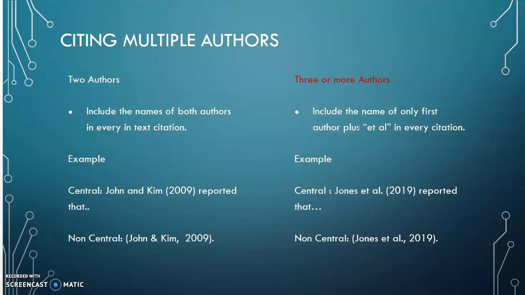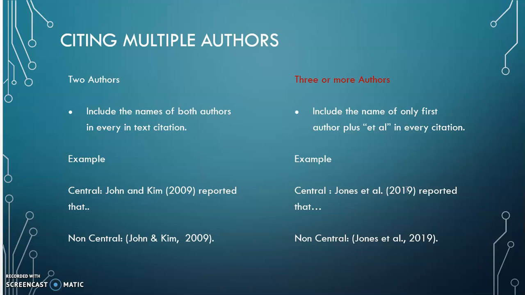So there's something we call et al. Et al means 'the others'. So this is what you write, that you write one name of the main writer, Jones, et al. It means Jones and others. They can be three, they can be four, they can be five people. If the people want to actually know, they're going to look at the references, and over there, the whole list is going to be given.